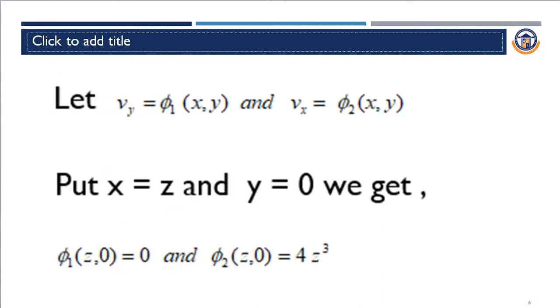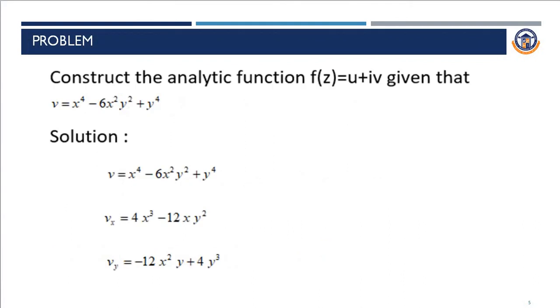Now let us take Vy as phi 1 of x comma y and Vx as phi 2 of x comma y. Before finding the value, first we have to put x equal to z and y equal to 0. Then substitute those values in Vx and Vy. Vx equal to 4x cube minus 12x y squared.